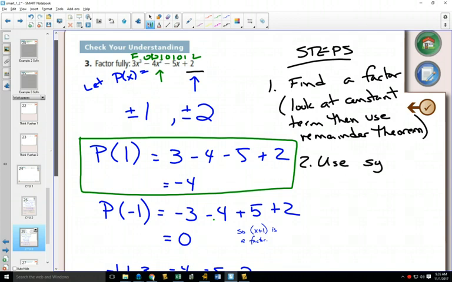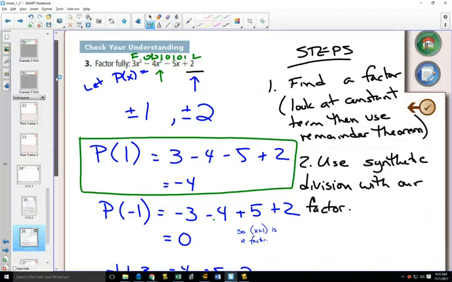After we did that, we used synthetic division with our factor. And we wrote the division statement.